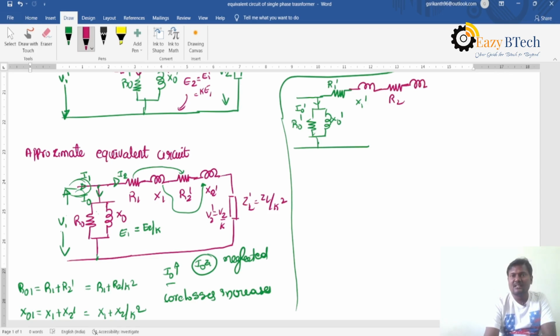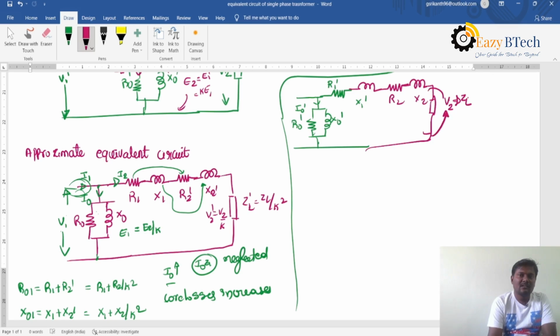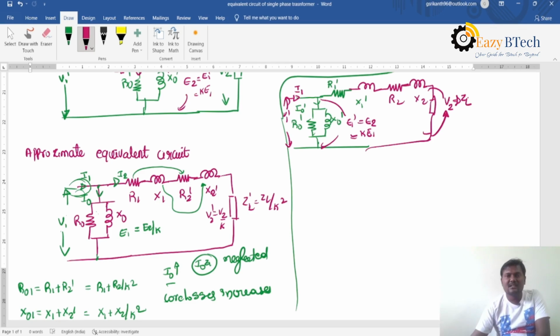The leakage reactance is X2. And the load side parameters are V2 and the load impedance ZL. And this is also E1 dash, E2. That E2 is equal to K times E1, and the voltage also changes to V1 dash, and the primary current is I1.